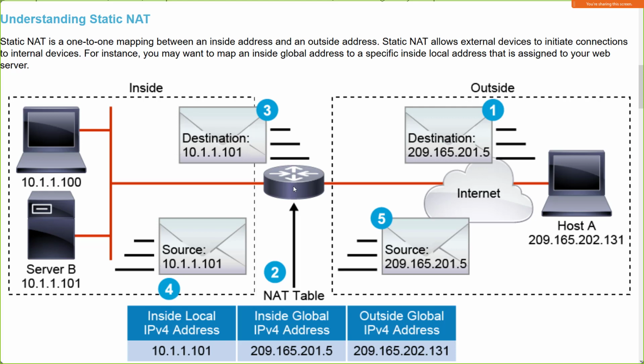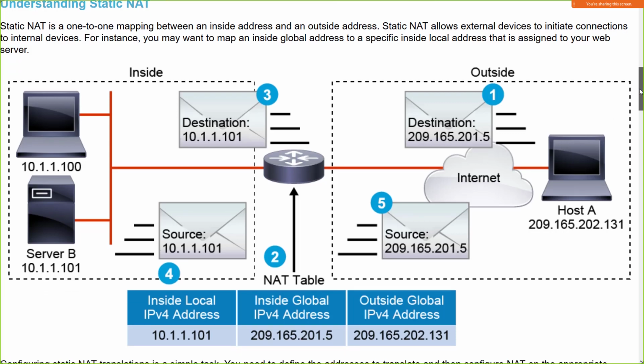So that means a client from the internet can initiate a connection to an internal client, and that data flow will work just fine, or vice versa. The client from the inside can communicate outside, and so on. All right, there's basically three things to configure NAT. Two things in the case of static NAT. You identify which interfaces are participating in NAT, and then you set up your policy.